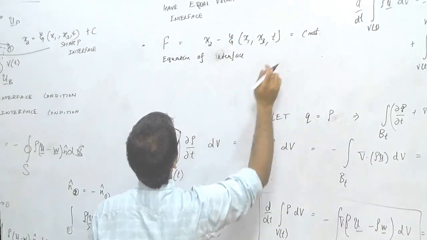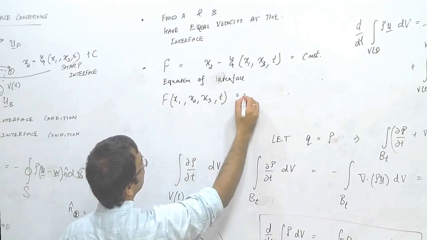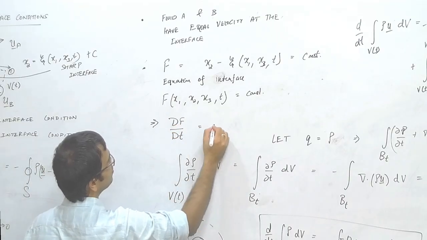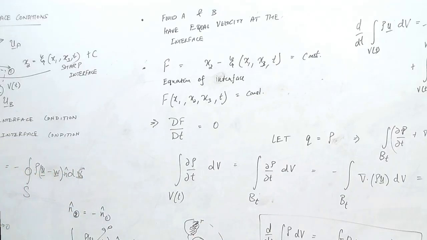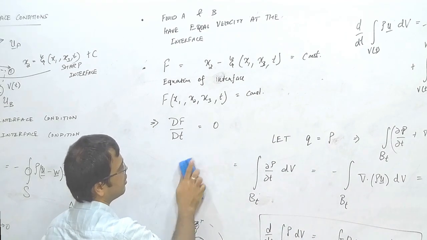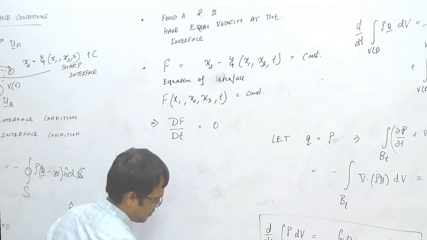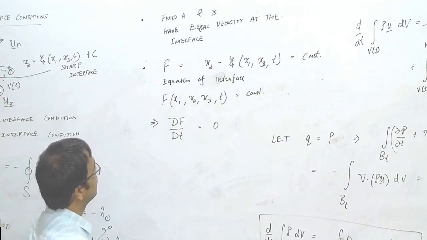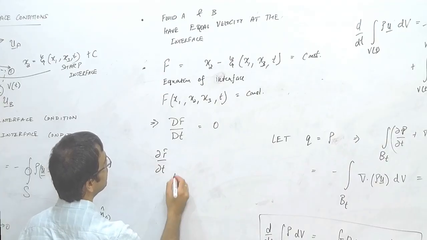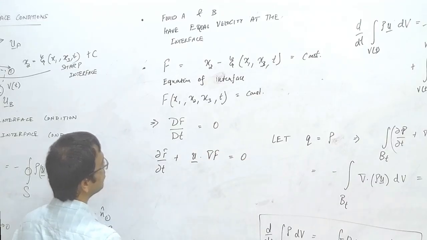So if f is a constant, where f is a function of x1, x2, x3, which are the spatial coordinates, it's a constant. This means df over dt is going to be 0. Where this d is the material derivative, because these x1, x2, x3 are themselves changing in time. So what we get here is del f over del t plus u dot grad f equals 0.